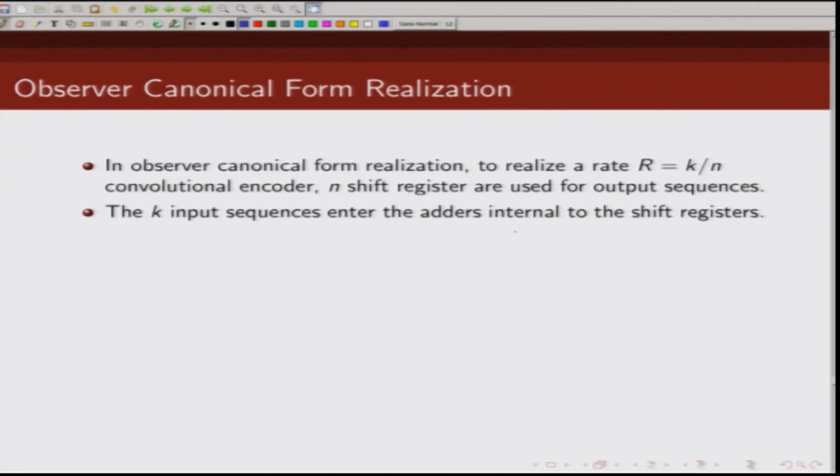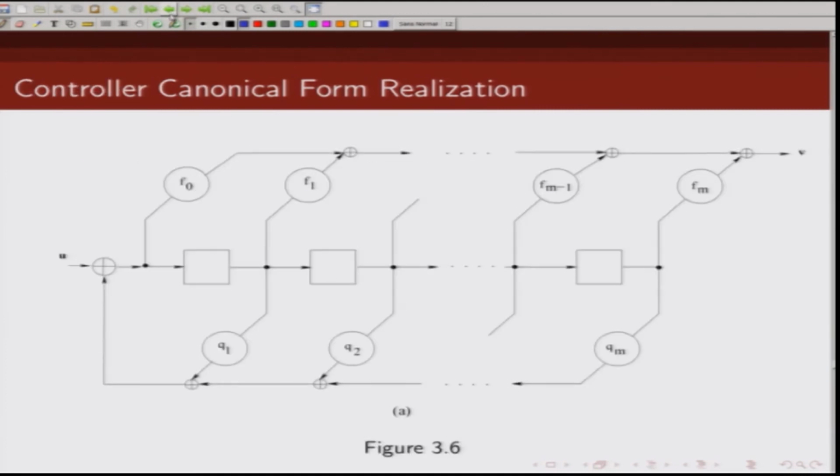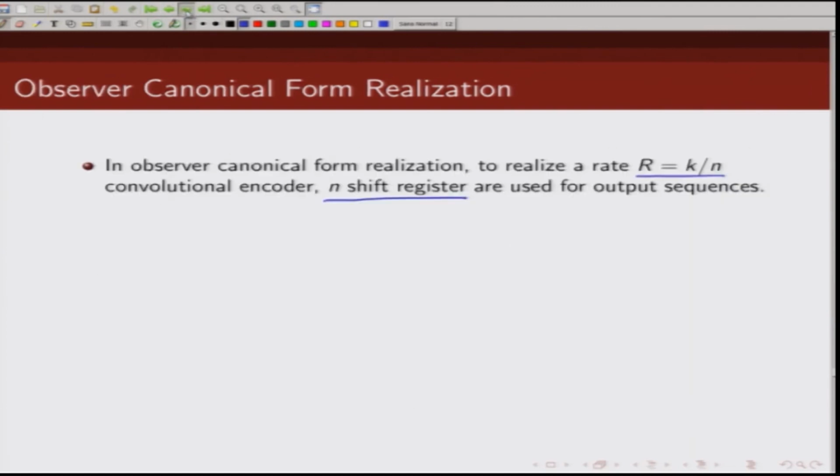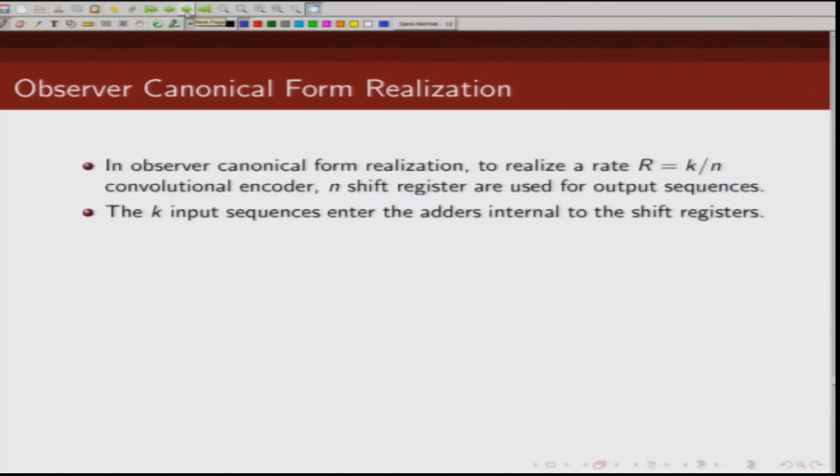If you recall, in a controller canonical form realization, the input is entering here, and at each time instance when the clock comes, they shift one location to the right, this will move to here, this will move to here. Whereas in the observer canonical form realization, these inputs are directly entering into the shift register and these adders are internal to the shift register.